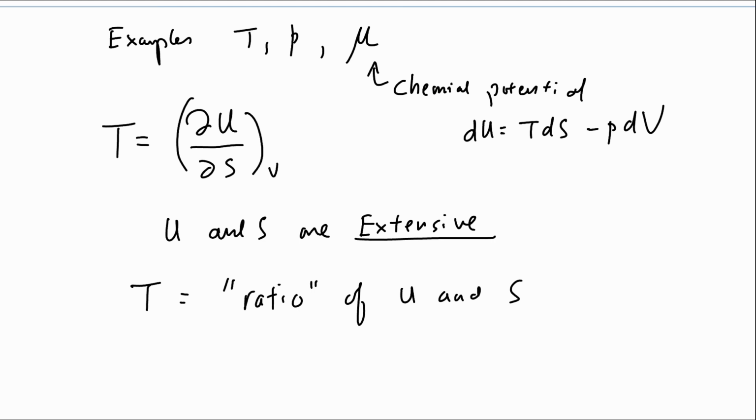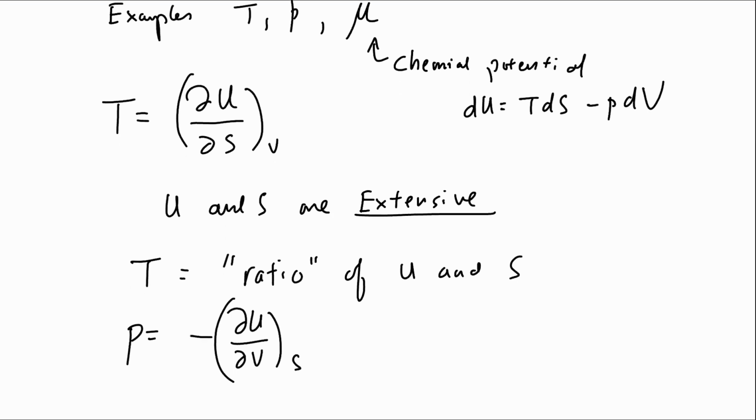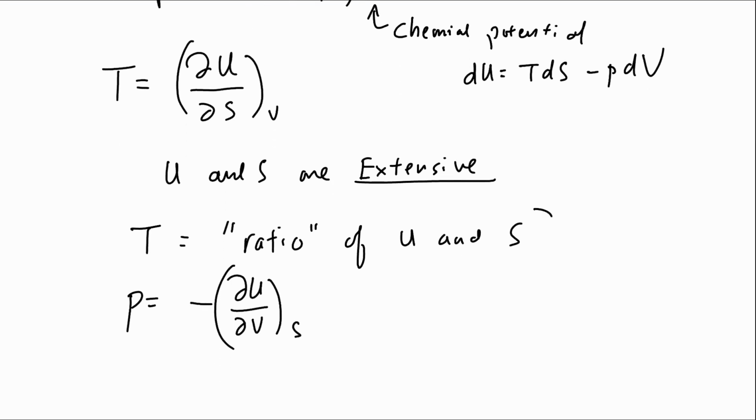A derivative of an extensive variable with respect to another extensive variable is an intensive variable. And like P is minus partial U partial V at constant S. And so these are intensive.